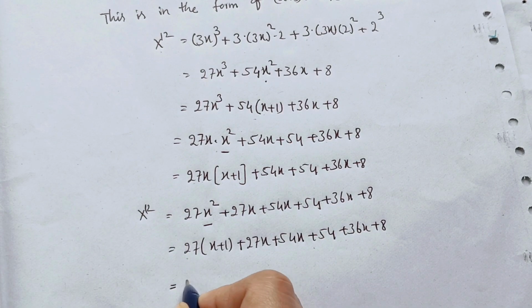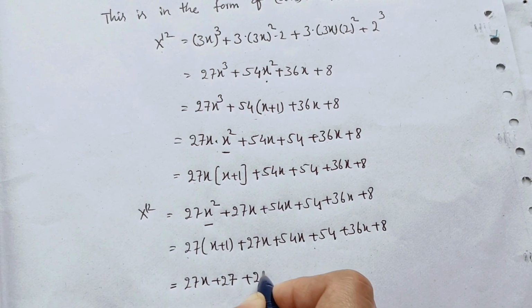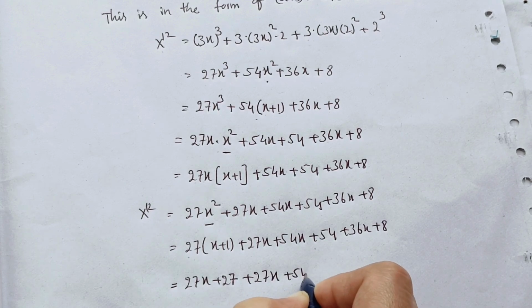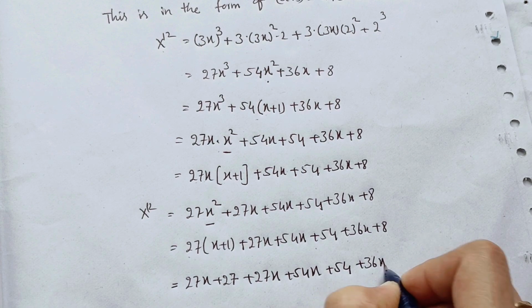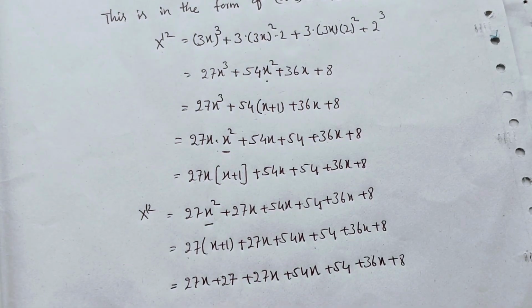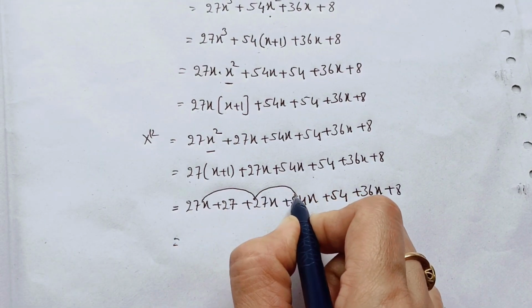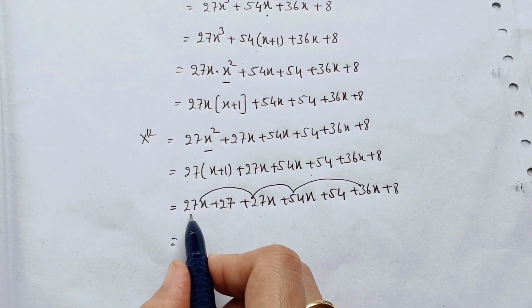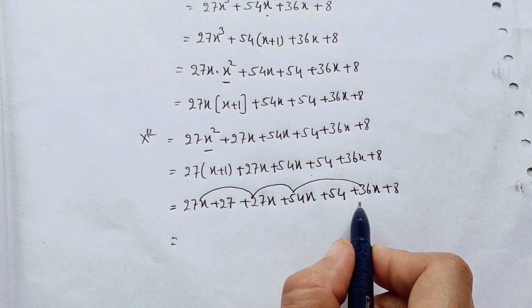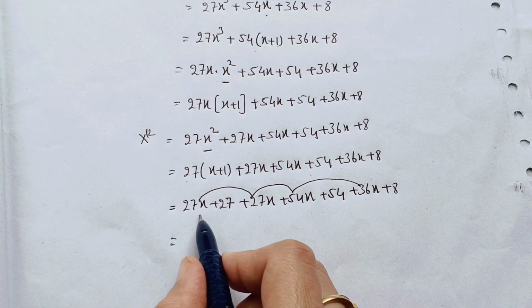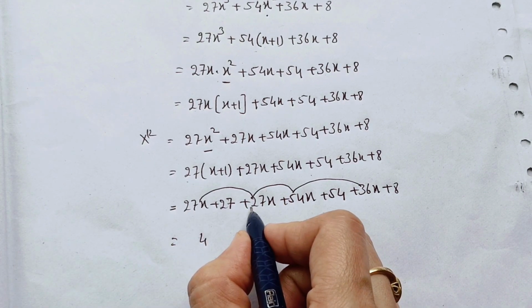So 27x plus 27 plus 27x plus 54x plus 54 plus 36x plus 8. Here these are the x values, 1, 2, 3 and then 4. So 27 plus 27 plus 54 plus 36.